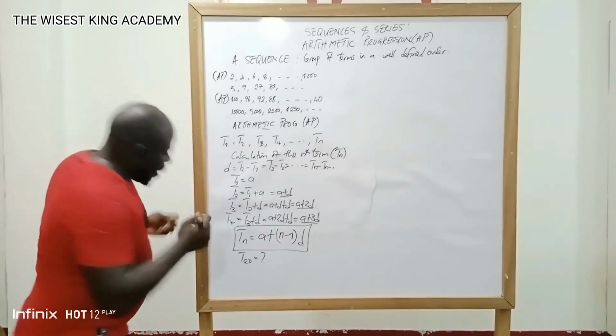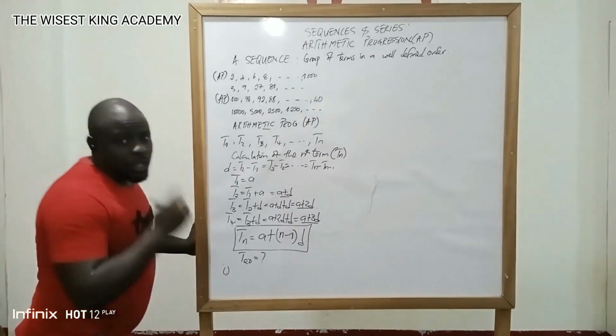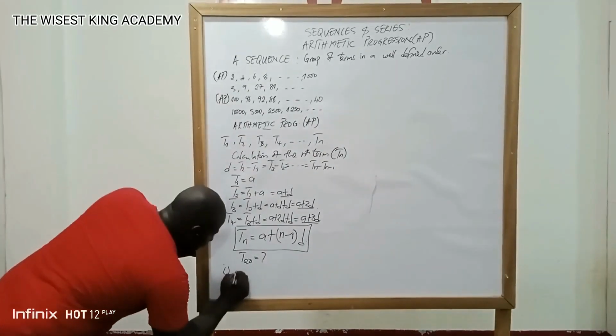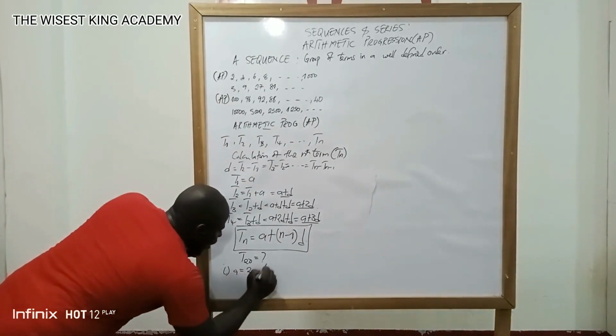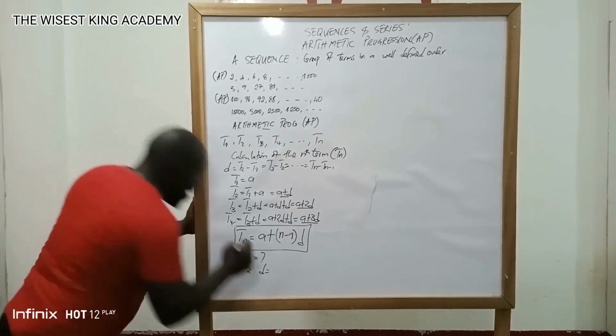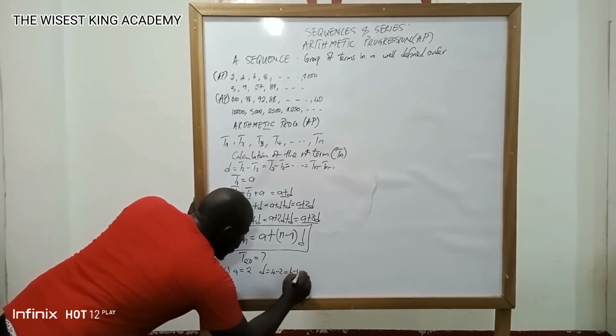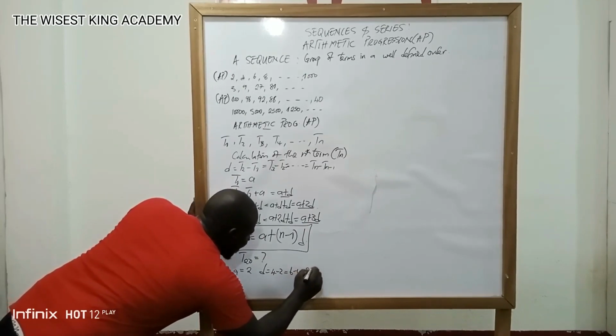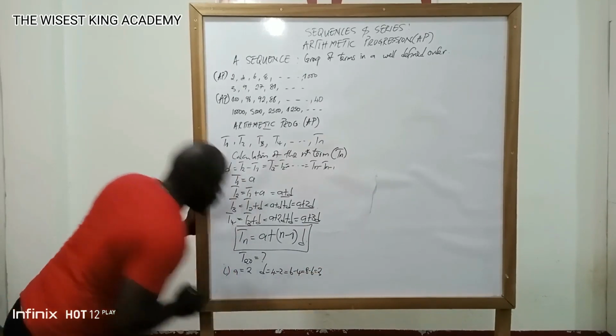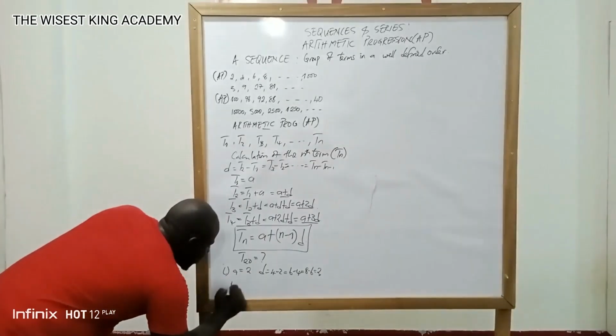Now T20, let's take the first one. The first term A is equal to 2. The common difference, you can calculate it either by taking 4 minus 2, or 6 minus 4, or 8 minus 6, which will still give you the same 2. So having that, we can calculate T20 now.